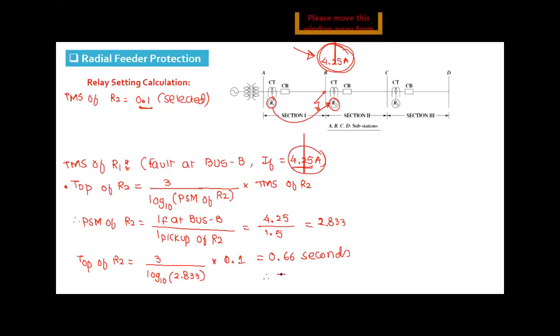Therefore, what is TOP of R1? Okay, 0.91. Okay.